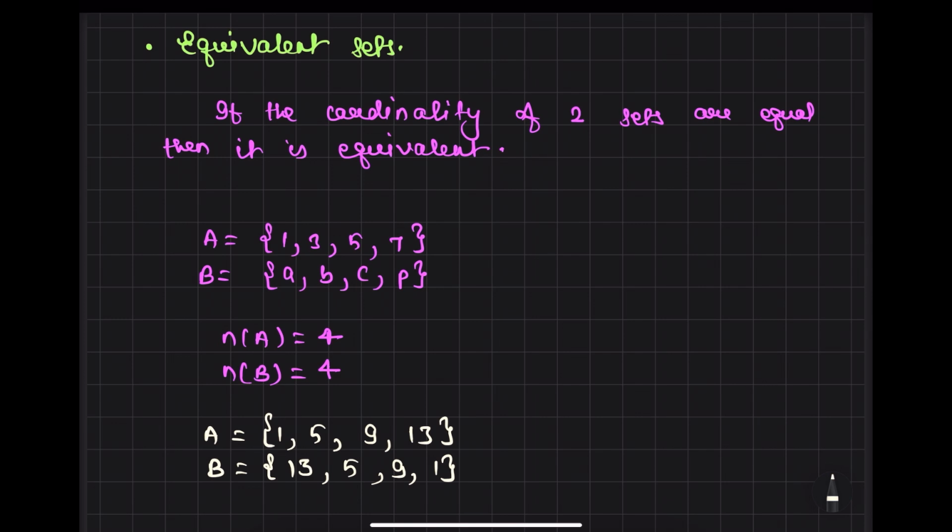Set A and set B both are equal, 100% equal. And the cardinality is also the same, correct or wrong? So I can say that all equal sets are equivalent, but it is not necessarily true that all equivalent sets are equal sets. I hope the idea is clear.